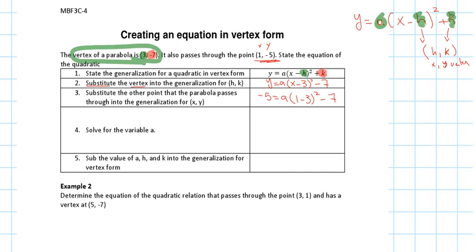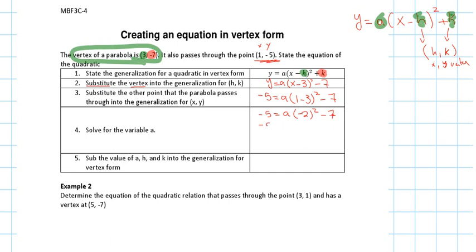Okay? The first thing you want to simplify is whatever I have inside the bracket. So 1 minus 3 is negative 2, squared, minus 7. I'm going to get rid of that bracket.